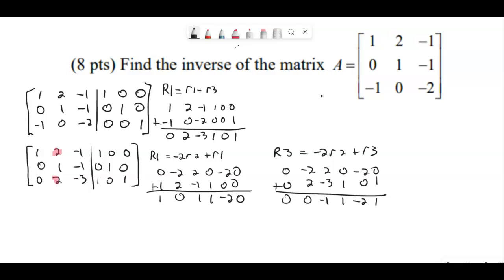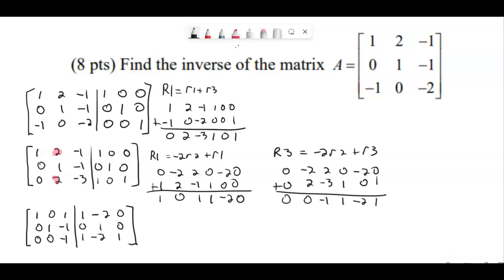All right, next matrix. This is the second column now cleaned up. So we have a new row 1: 1, 0, 1, 1, negative 2, 0. The same row 2, and a new row 3: 0, 0, negative 1, 1, negative 2, 1.